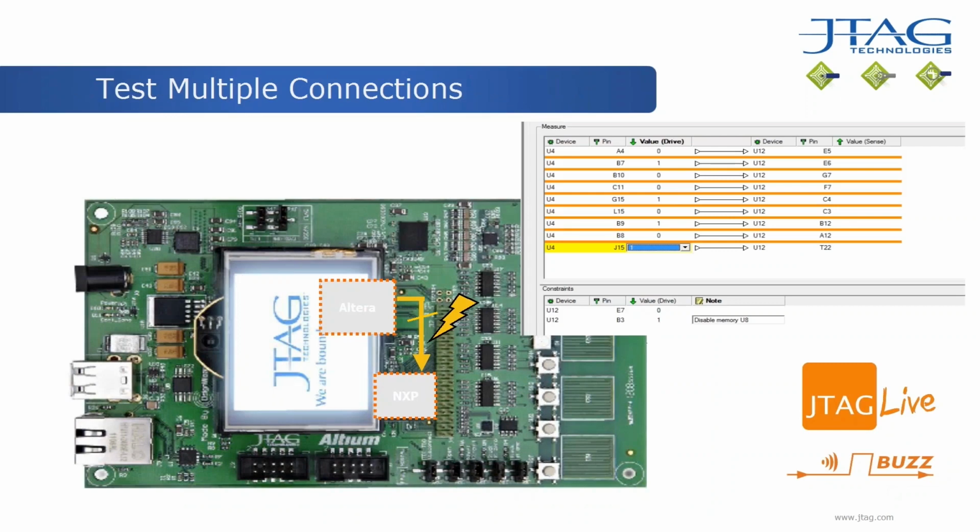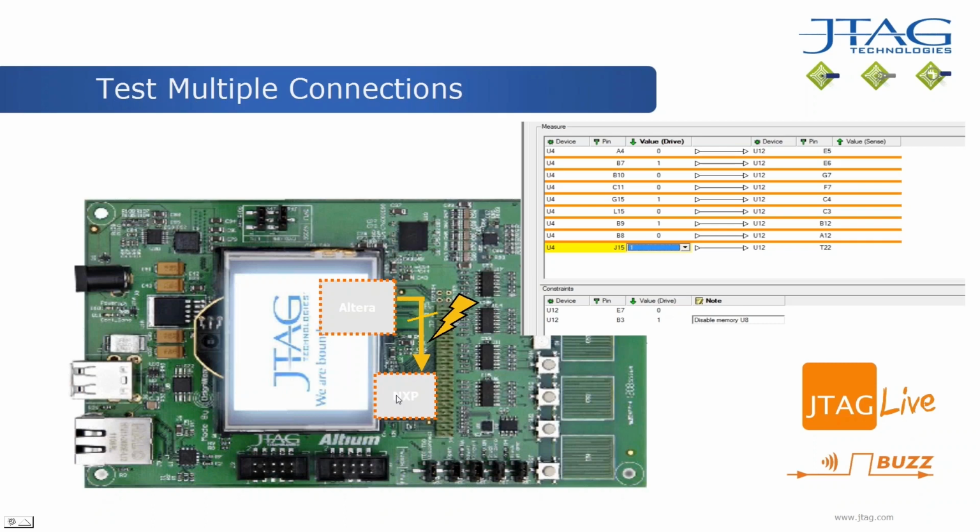Testing multiple connections, so we can assign multiple connections to the measure window here, and you can test from one device to another, or you can drive values through a small active device. Could be an inverter or a buffer or something like that, and you can check that the value you drive is the same as the value you want to receive.